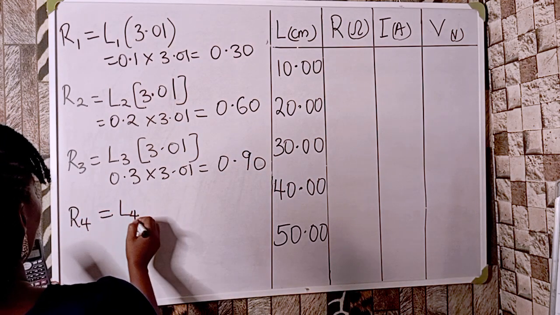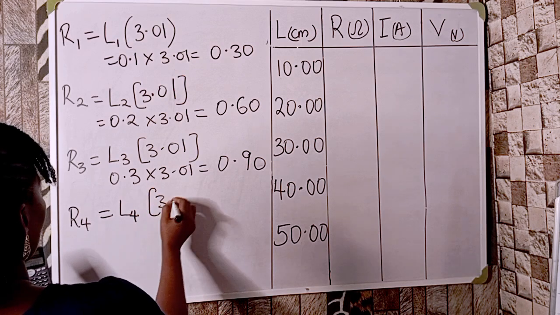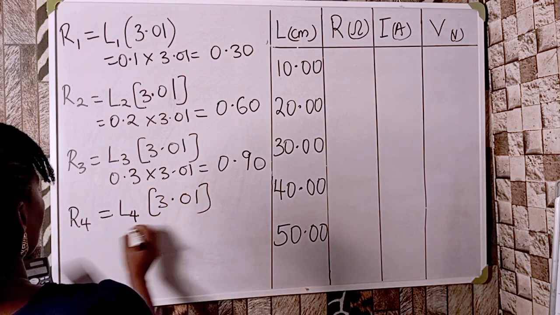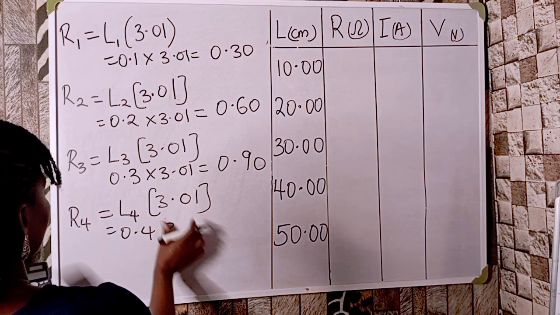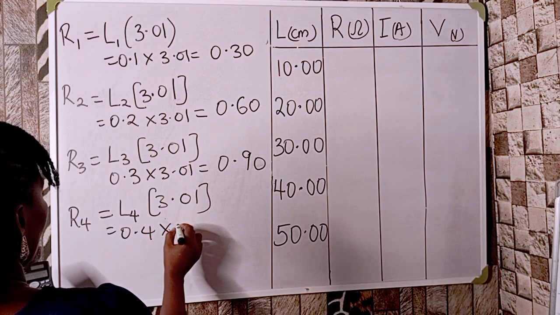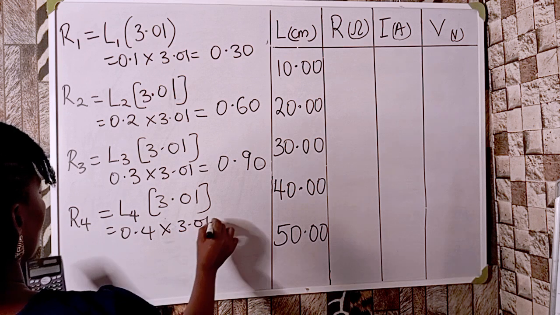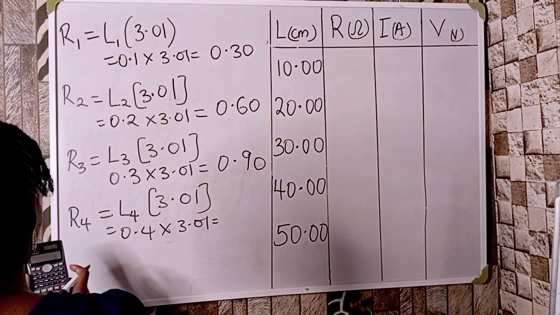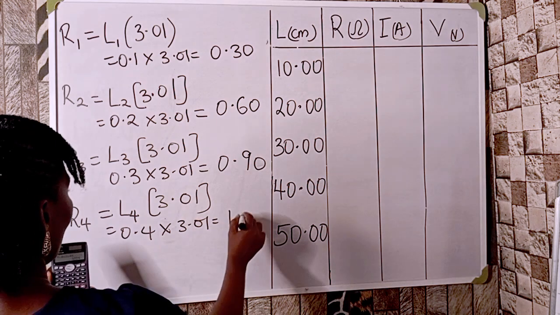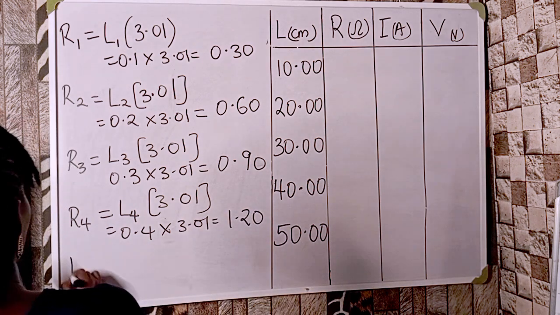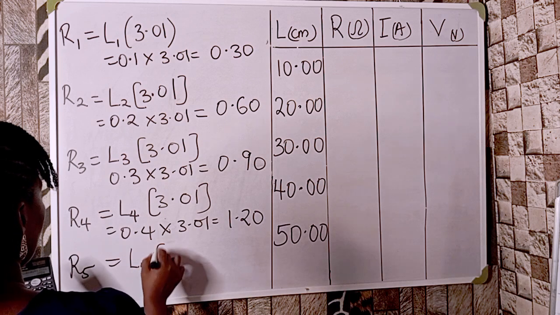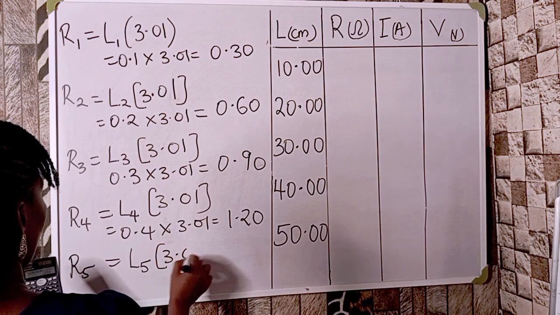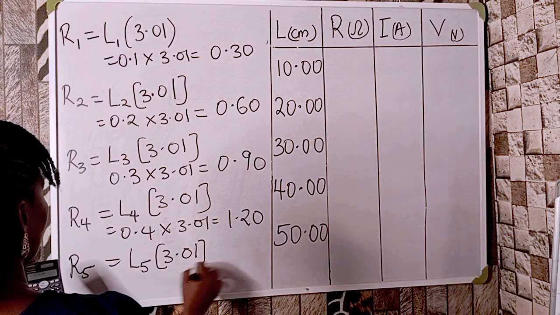R4 is L4 bracket 3.01. That is 0.4 times 3.01, which gives 1.20. R5, that is L5 times 3.01.